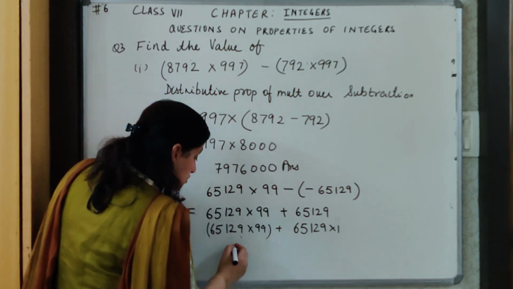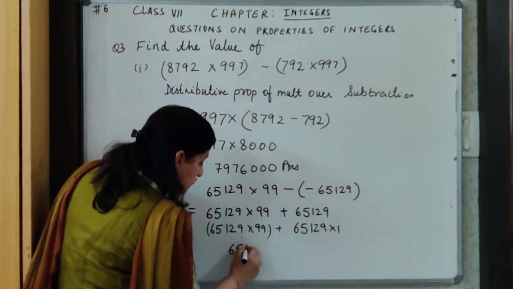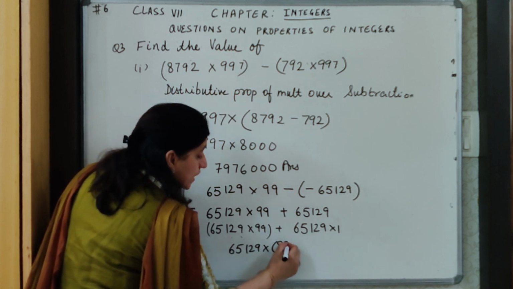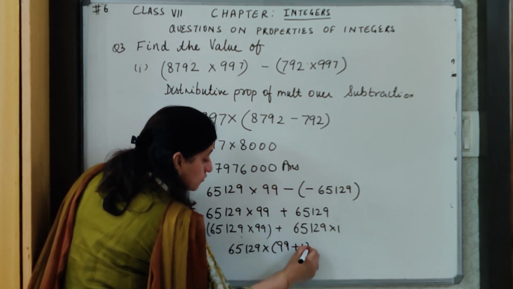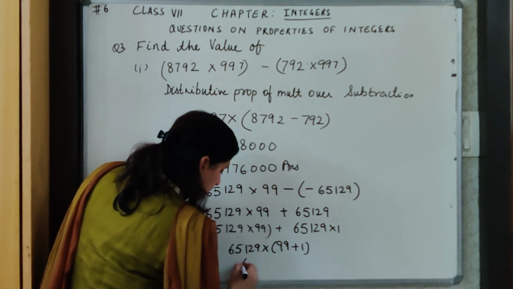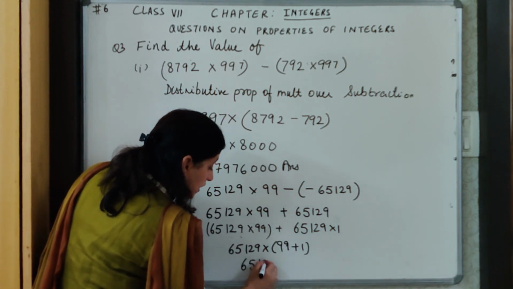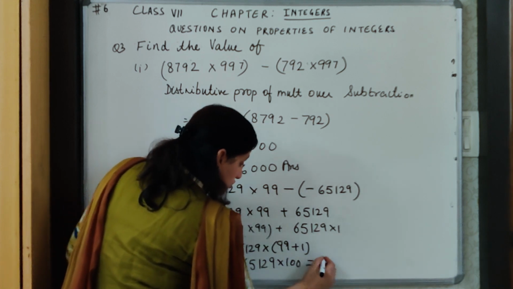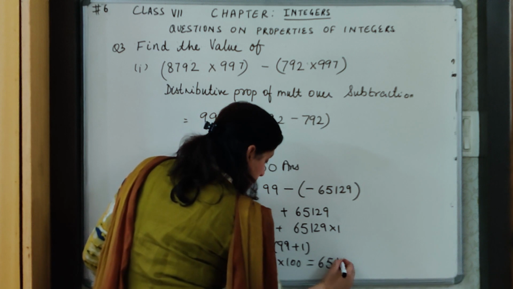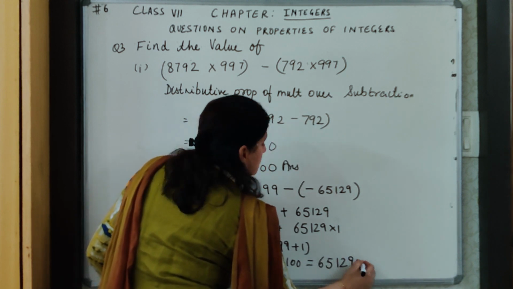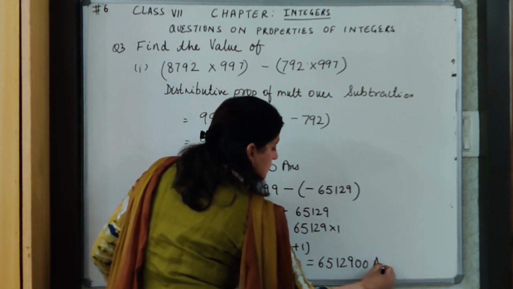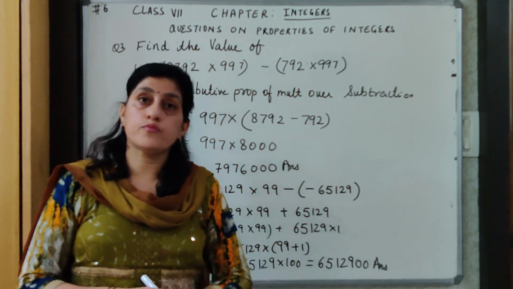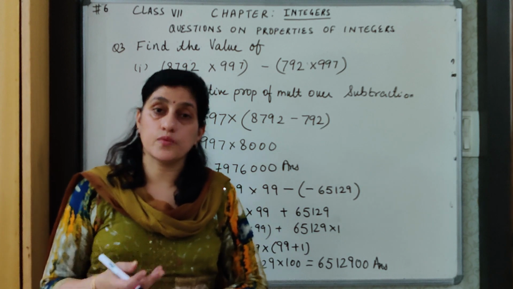Now I will use the distributive property. 65129 multiplied by bracket 99 plus 1, which will give me 65129 into 100, which is equal to 6512900 as the answer.